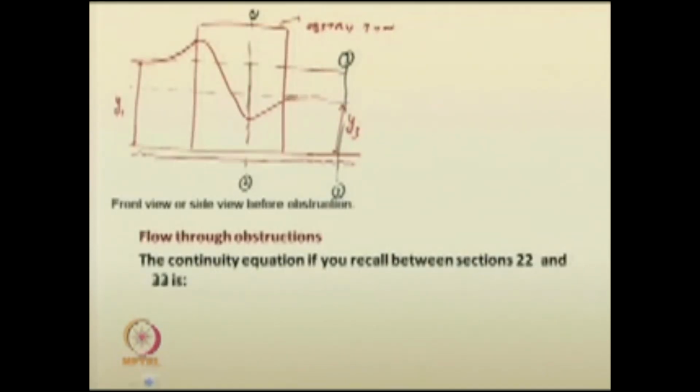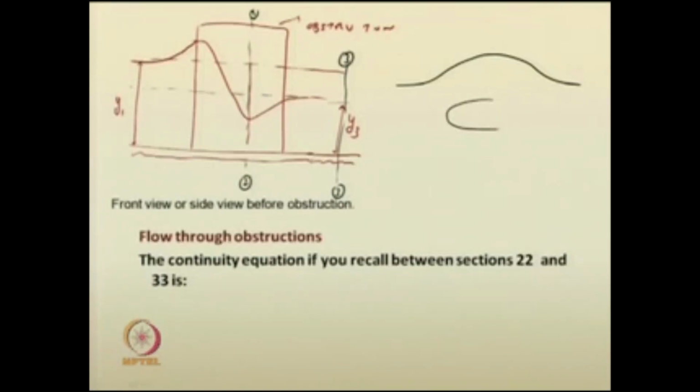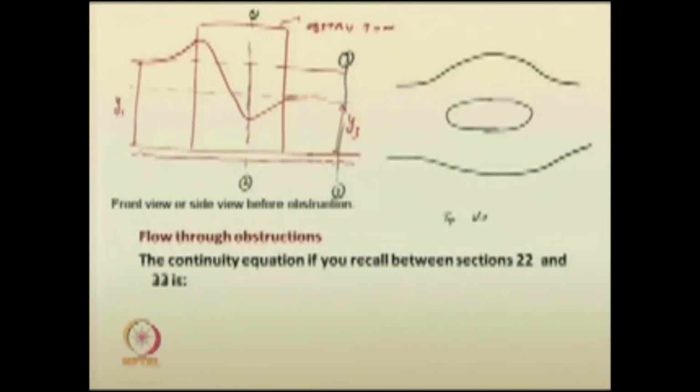Recall the obstruction; this was the front view. If you see the top view, there is an obstruction in the channel. This is the top view, or plan, of the channel. This is your obstruction, and water is flowing in this direction.